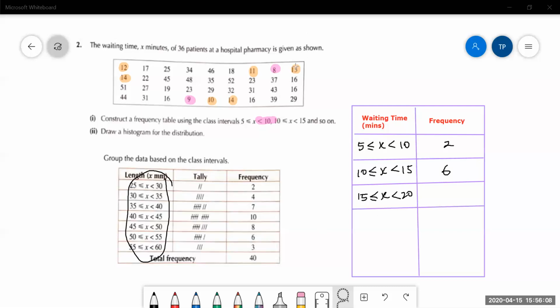So this is when we need to find values between 15 and 20 again. So 17, 19, 16, 16, 16. The last column minus 2 16s.